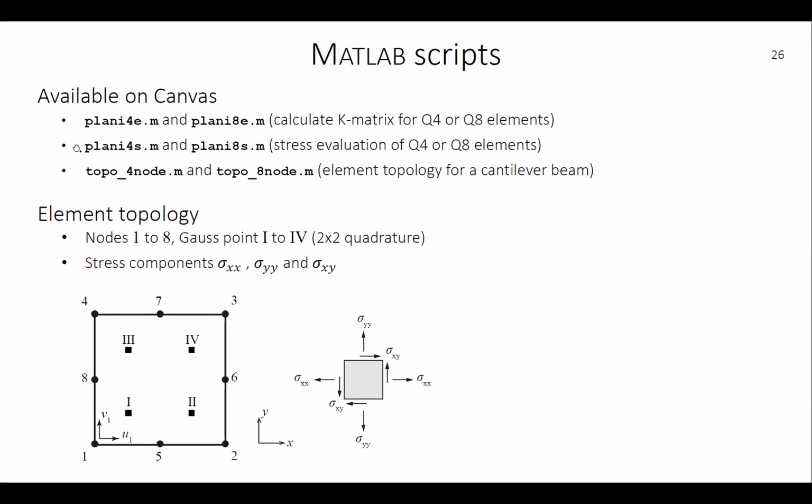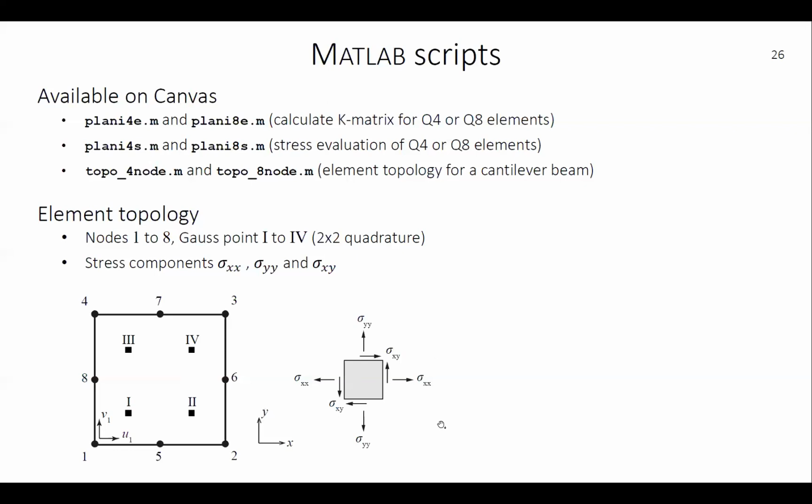And then we have the corresponding code for evaluating the stresses. And then we have the basic script that you will be using for solving the plane stress cantilever beam problem in exercise A, in which I have already structured the topology for the system.